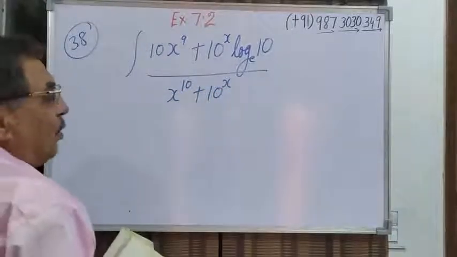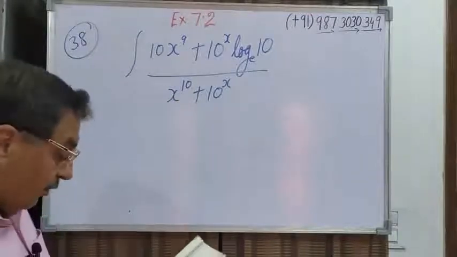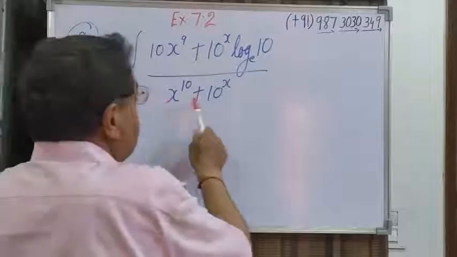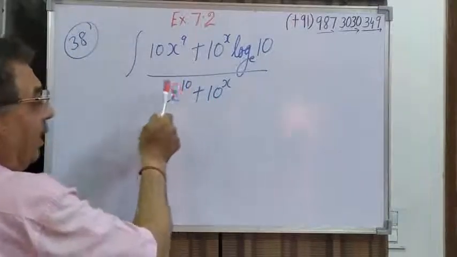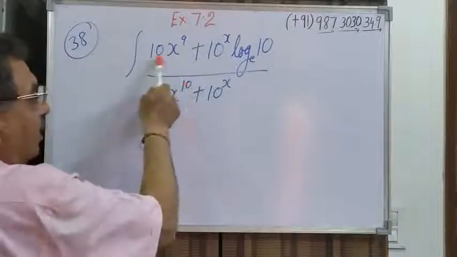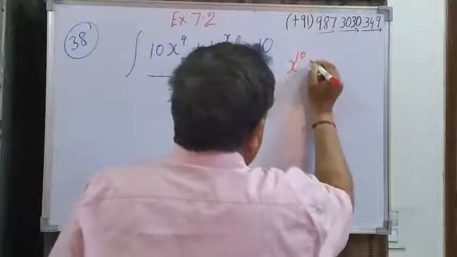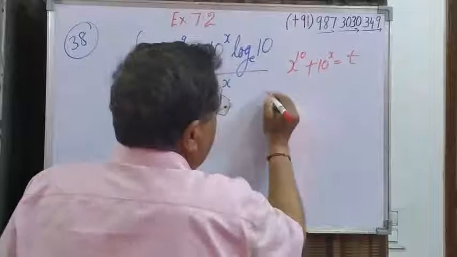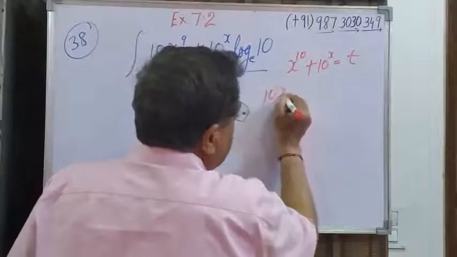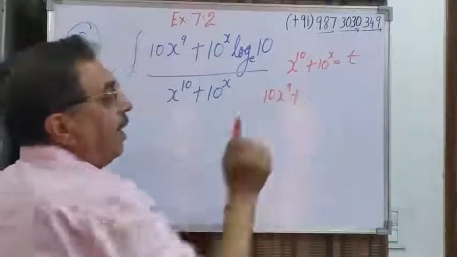Now in this question, what we observe is a function whose derivative seems to be present, because its derivative would be 10x⁹, which is there. So let us take x¹⁰ plus 10 to the power x equal to t. Now its derivative would be 10x⁹, plus the derivative of 10 to the power x.